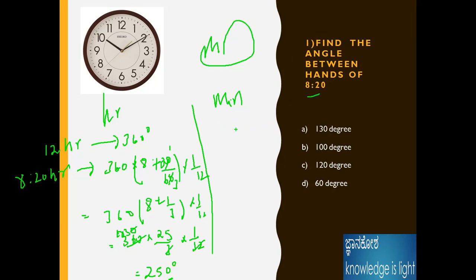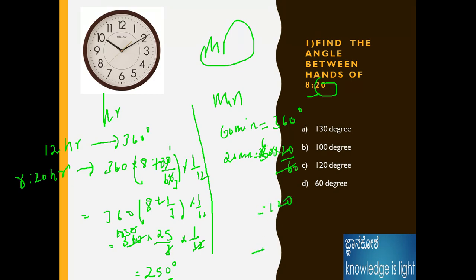Now the minute hand. For the minute, it is at 20 minutes. We already know that for 60 minutes, that is 1 hour, it is 360 degrees. That is, 1 hour is 60 minutes, taken as 360 degrees. Therefore, for 20 minutes it should be less than that. Therefore, 360 into 20 by 60. Therefore, 6 20s are 120.